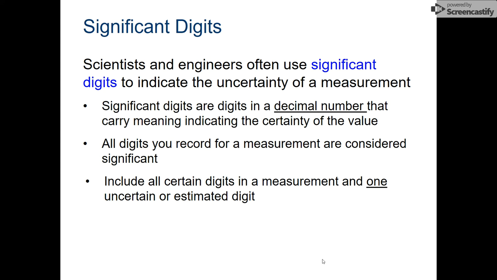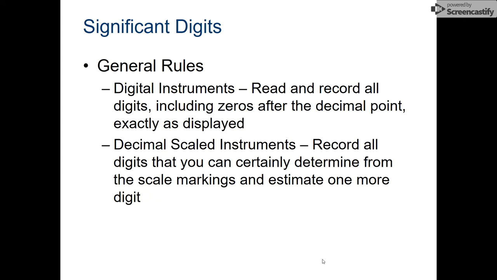So I'm going to give you one last example to show how this works. But first, I'm going to explain our rules for different measuring devices. If you have a digital instrument, this would be an instrument with a screen that displays a number. You just write down that number. Whatever that screen says, we record all digits, including zeros, after the decimal point, exactly as displayed.